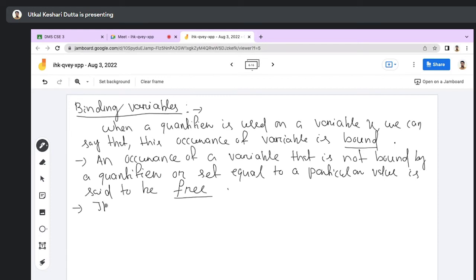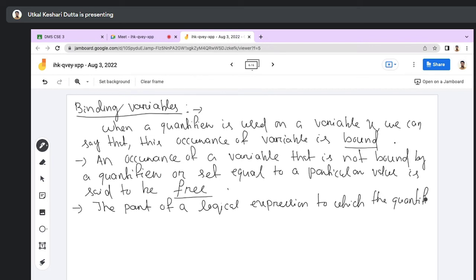Okay. The part of a logical expression to which the quantifier is applied is called the scope of the quantifier.